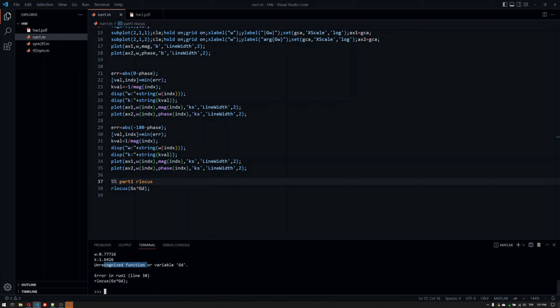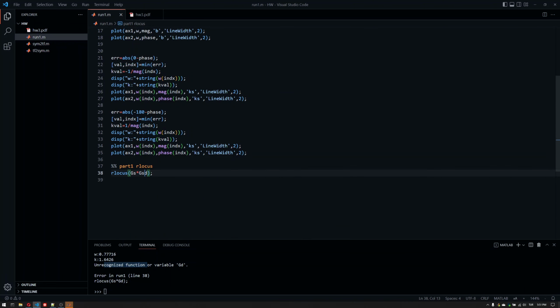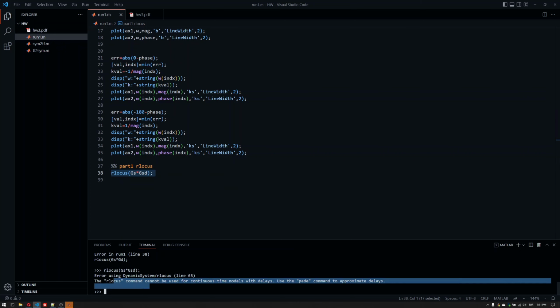So you can see that we have actually messed up. You can see that we actually cannot plot root locus of a system that has delay in it. And it's even suggesting us to use the Padé approximation because it would make more sense in this case.